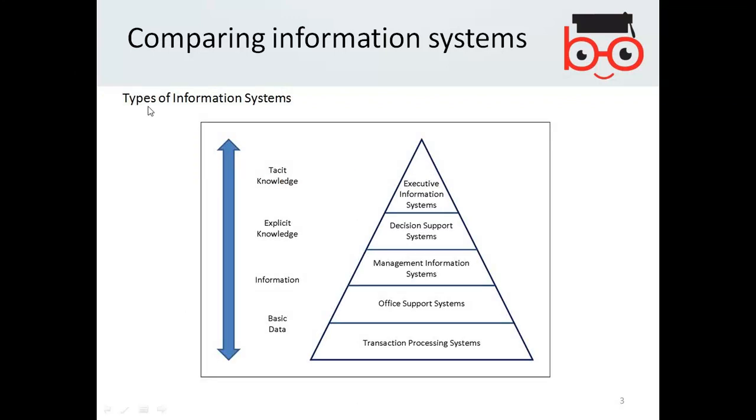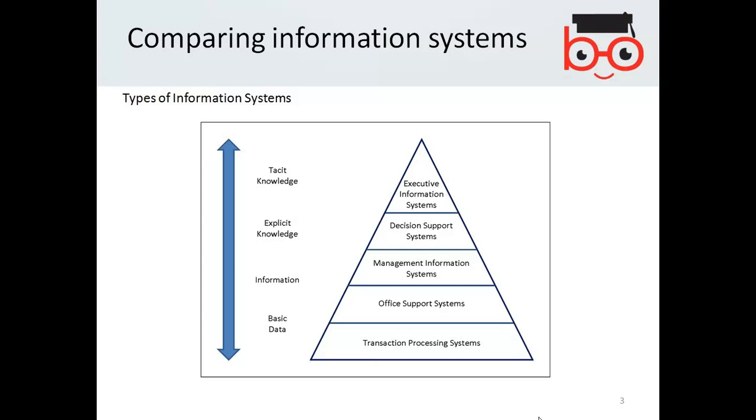If we look at the types of information systems, then basically they deal with basic data, information, explicit knowledge and tacit knowledge. How are they classified? Like simple transaction processing systems, such as the transaction processing system of any bank, any store, or order processing, which deal with basic data.